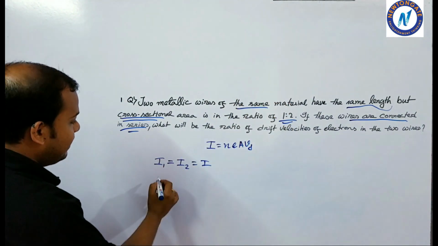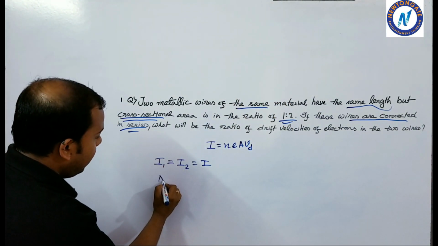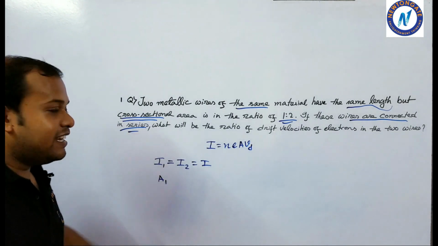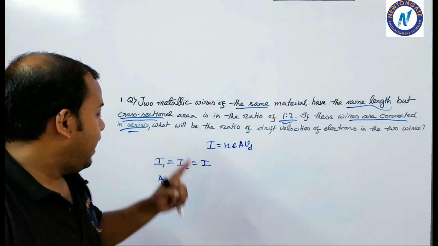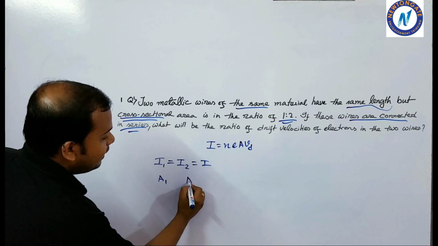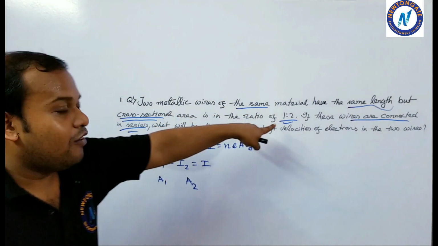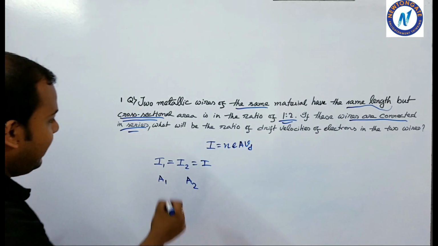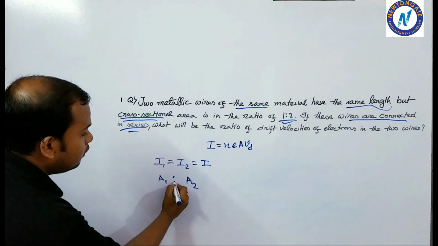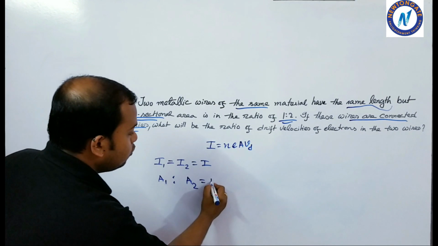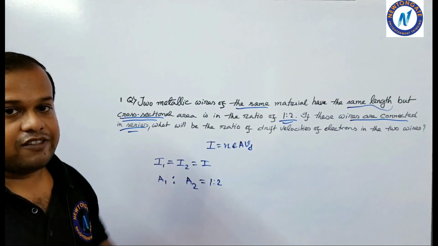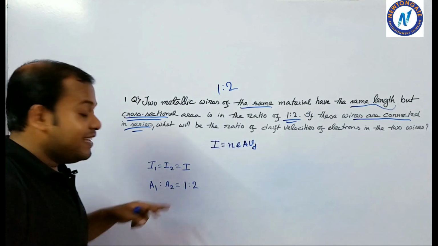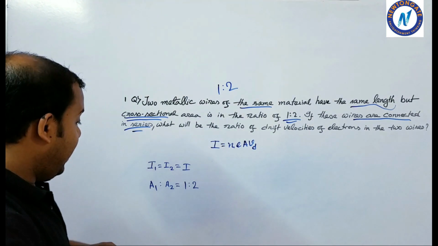So if A1 is the cross-sectional area of the first wire and A2 is that of the second wire, A1 is to A2 equals 1:2.